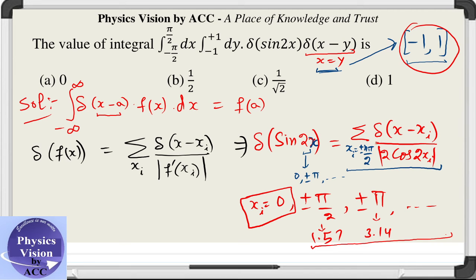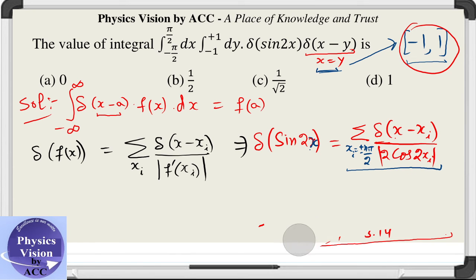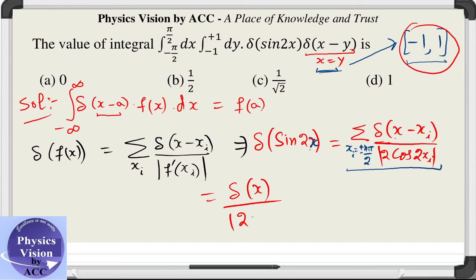And when we put it here, what do we get? We get delta x minus 0, that is delta x, and there is no need of summation now, delta x divided by mod of 2 cos 0, that is 1. So we have 1 by 2 of delta x.